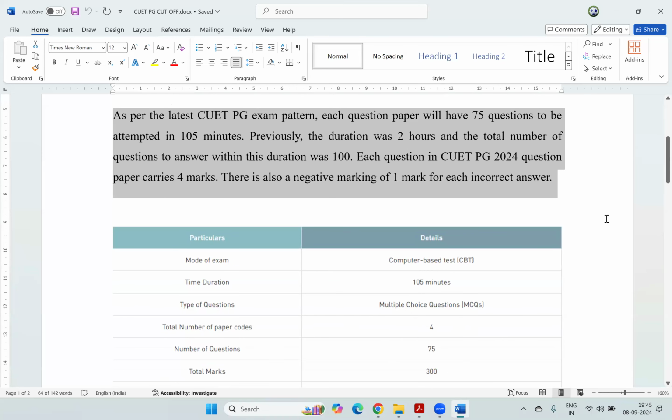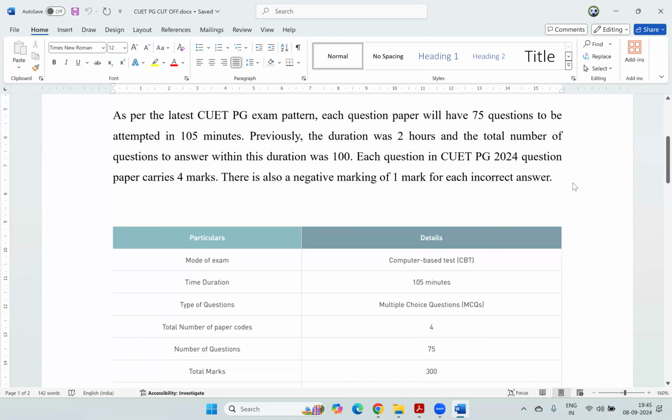So you will have 4 marks for each correct answer and a negative of 1 mark for each incorrect answer. But keep in mind, if you answer any question incorrectly, you do not lose 1 mark, but actually you lose 5 marks. If you get it wrong, 5 marks are lost. Why?